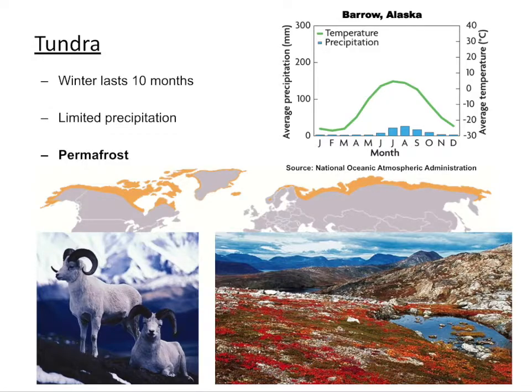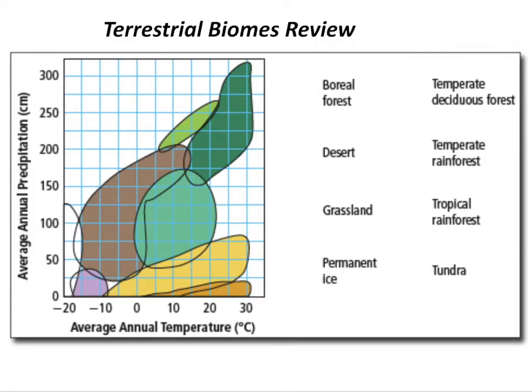Okay, so these are a few of our terrestrial biomes. I'd like you to take a look here and stop for a moment. You can pause the video and see, if you were to look at this chart, could you match up which of these biomes go with which of the blobs on this chart? So we're looking at temperature versus precipitation.